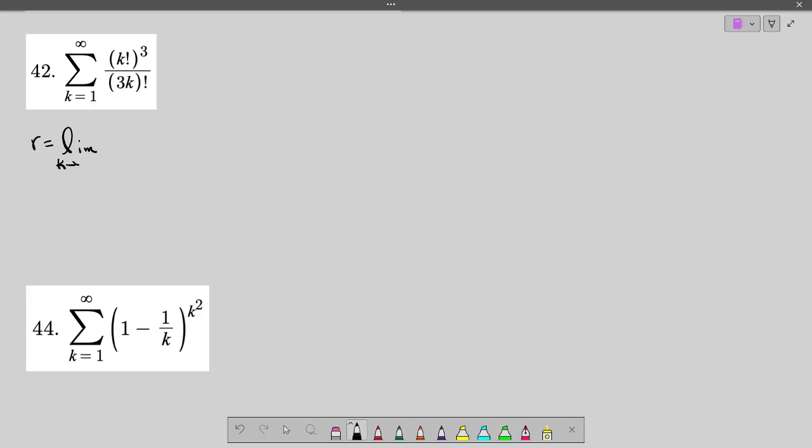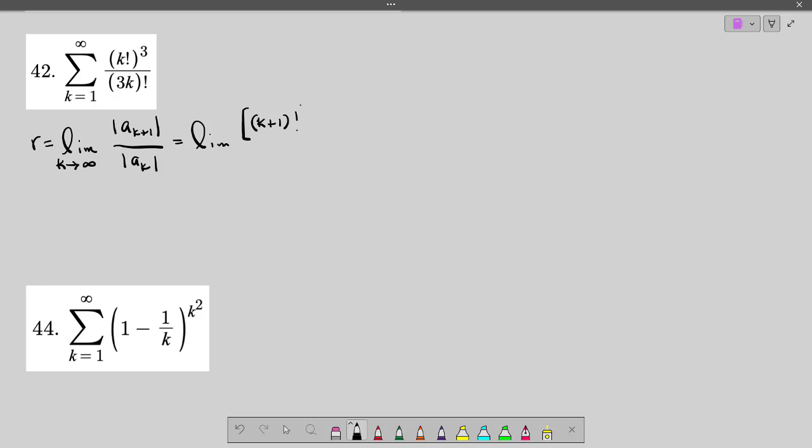So k goes to infinity. We have the absolute value of a sub k plus 1 in the numerator, absolute value of a sub k in the denominator. Doesn't really matter, everything's positive here. So a sub k plus 1. We're plugging in a k plus 1 for all the k's that we see. So we're going to end up with k plus 1 factorial, and all that is inside of a cube.